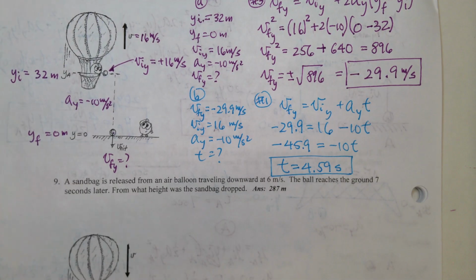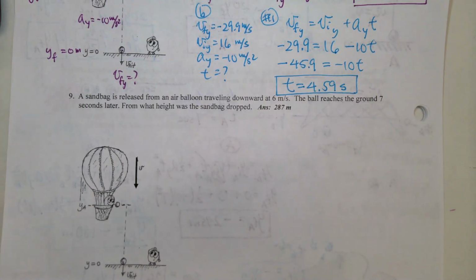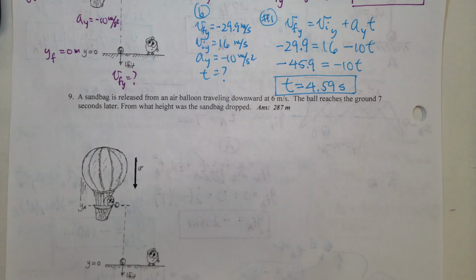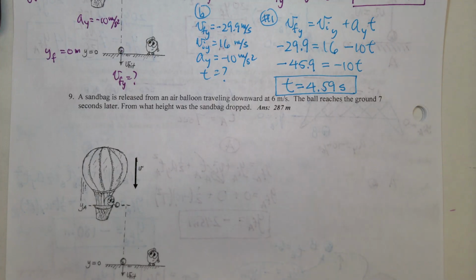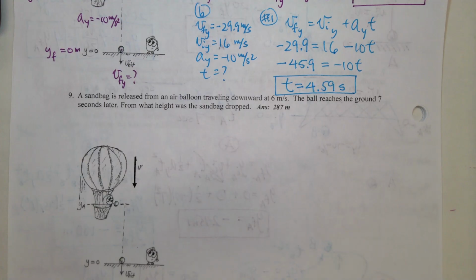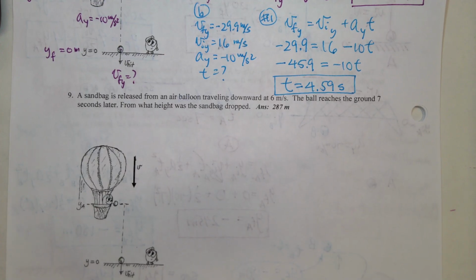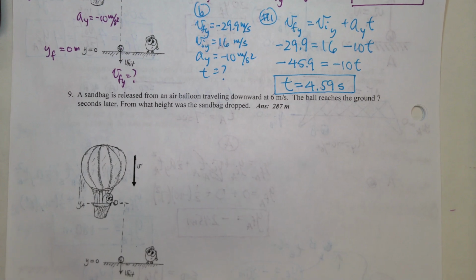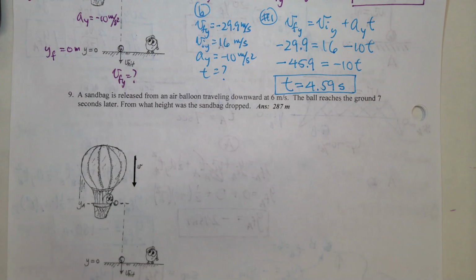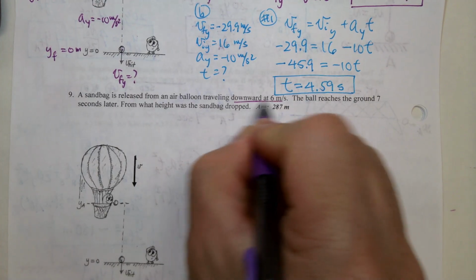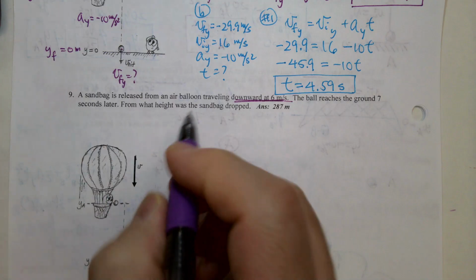All right. Let's take a look at the last problem, number 9. A sandbag is released from an air balloon traveling downwards at 6 meters per second.